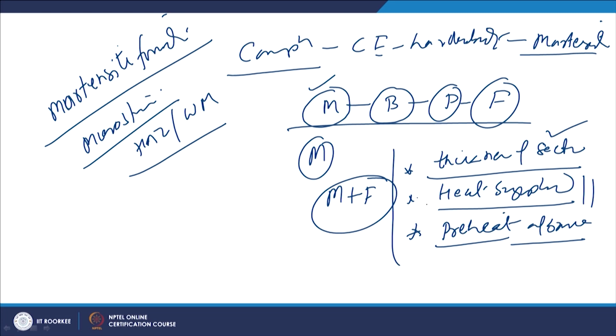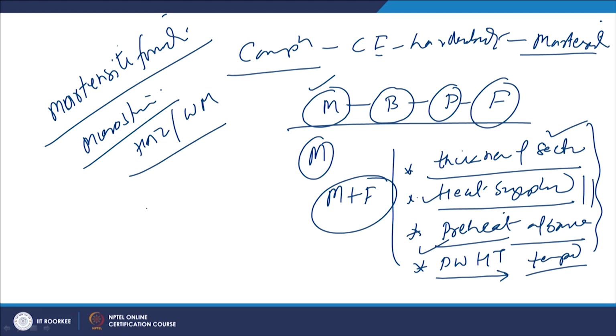In addition to the heat input and the preheating, if the martensite has been formed, and still if you want to control the undesirable effects associated with hydrogen induced cracking, then sometimes post weld heat treatment is also carried out, so that the martensite can be tempered, and also the hydrogen which has been trapped can be eliminated or reduced, which was dissolved in the weld metal as well as heat affected zone.